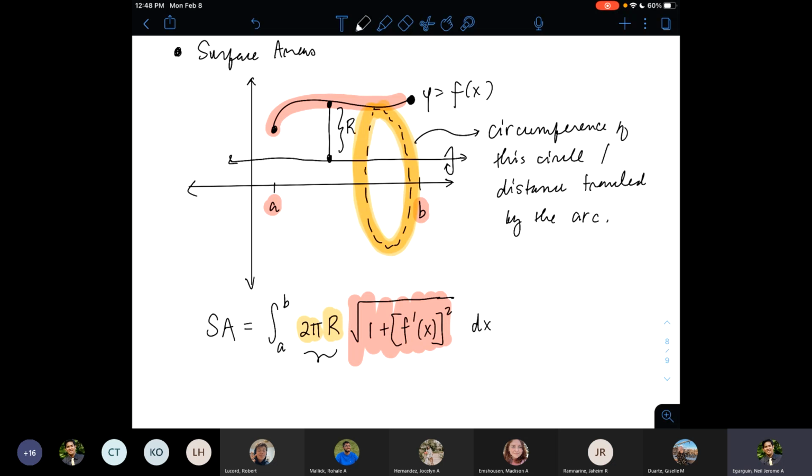How far is the arc from the axis of revolution? And for that, if your solid of revolution looks like this, then it will be top minus bottom: f of x minus the y value at your cross section. Because what you want to measure is how far your arc is from the axis of revolution.